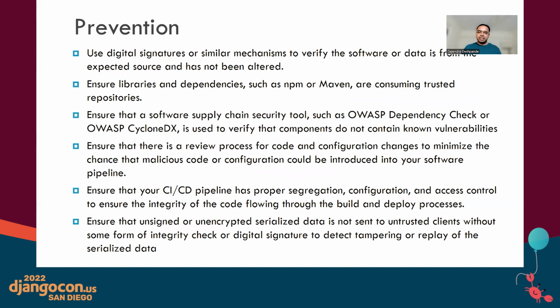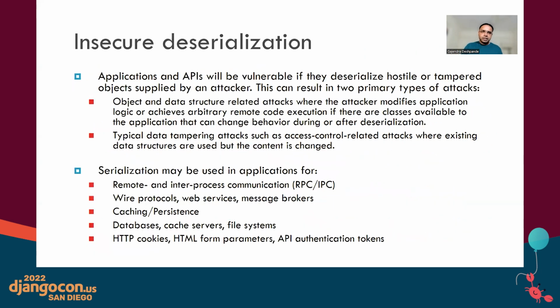Ensure that your CI/CD pipeline has proper segregation, configuration, and access control to ensure the integrity of the code flowing through the build and deploy processes. Now, insecure deserialization is also part of this category. So here applications and APIs will be vulnerable if they deserialize hostile or tampered objects supplied by an attacker.